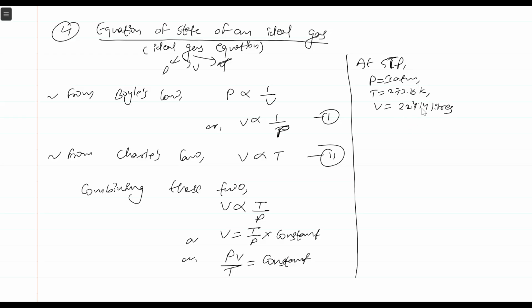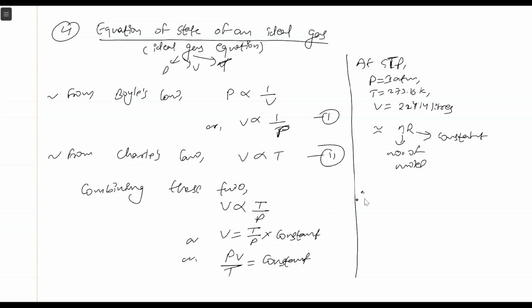So at that time, PV by T will give us a value equal to nR, where n is number of moles. And this R is a constant called the universal gas constant.